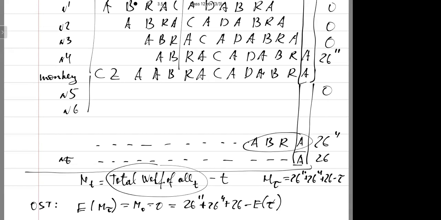Sorry, may I ask a question? Yes. There is no possibility for someone to have, at the moment tau, for example, abracada? Yes, he may, but he has no fortune. Imagine a guy at this stage.